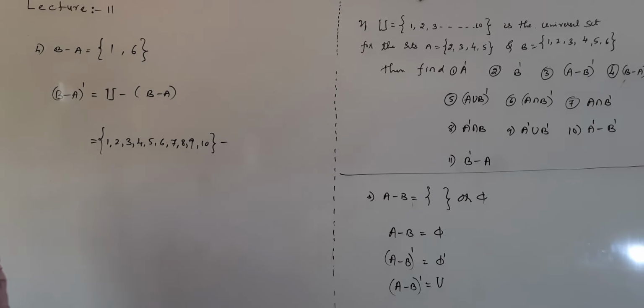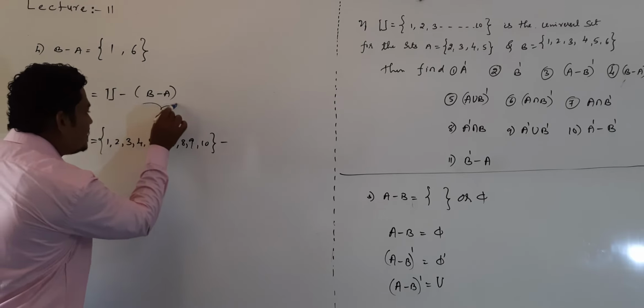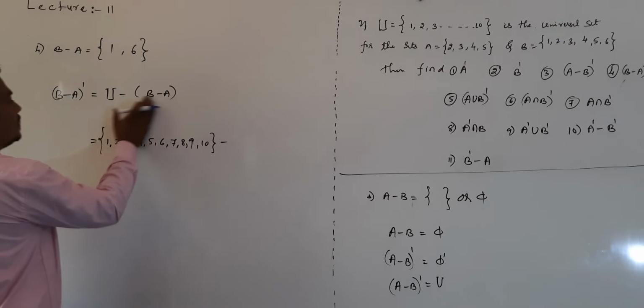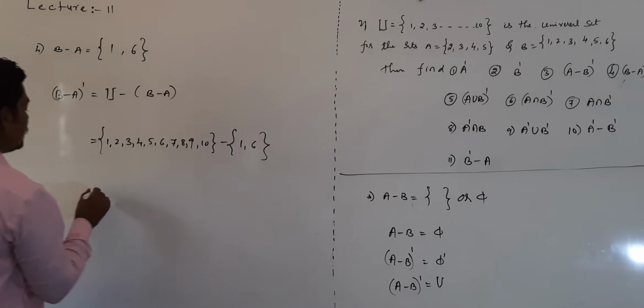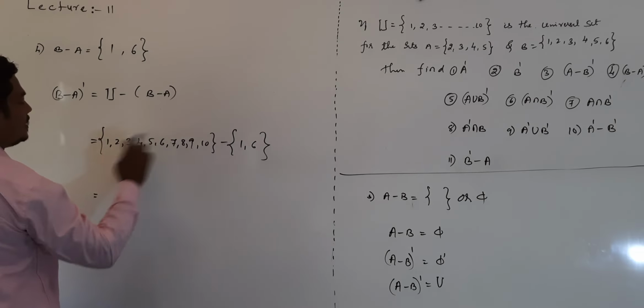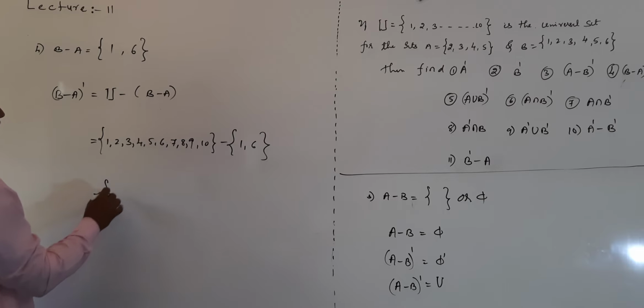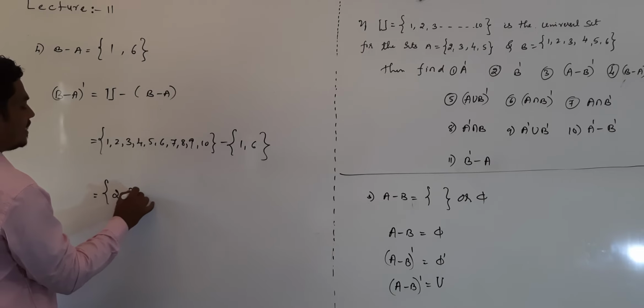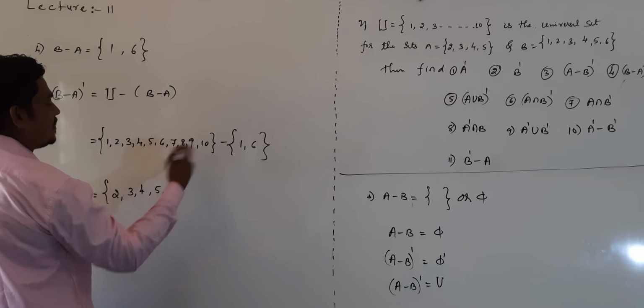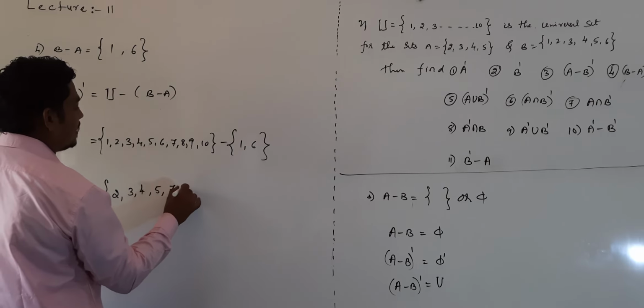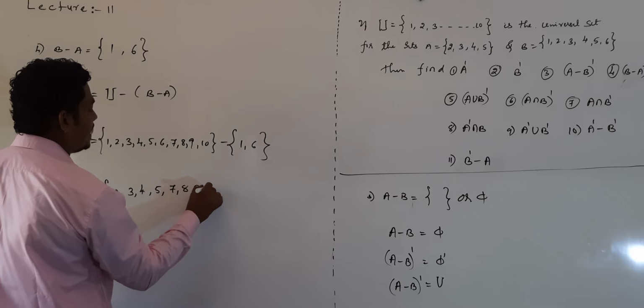Already we have B minus A. Replace this value. B minus A is 1, 6. Now the difference of these two sets. 1 is present in both the sets, so get cancelled. 2, 3, 4, 5, 6 is present in both the sets. 7, 8, 9 and 10.